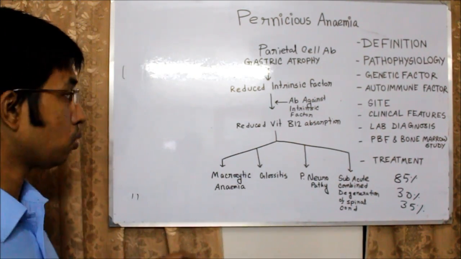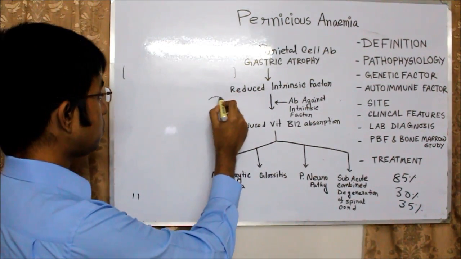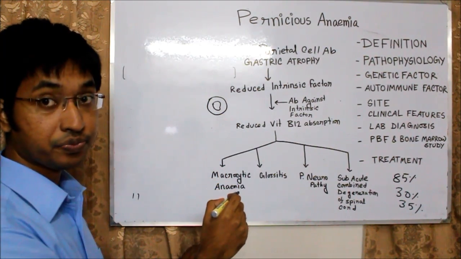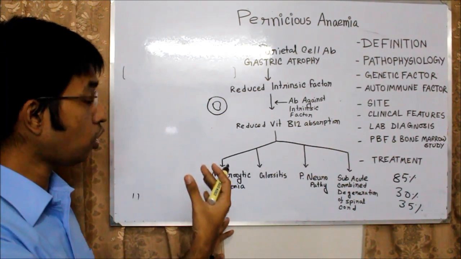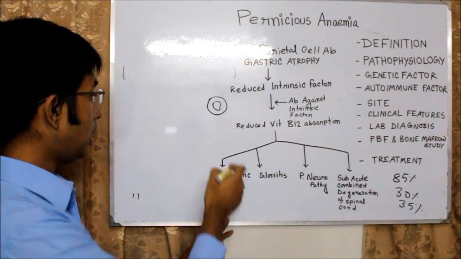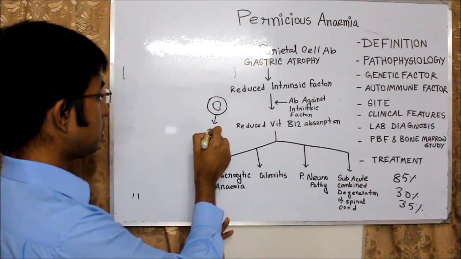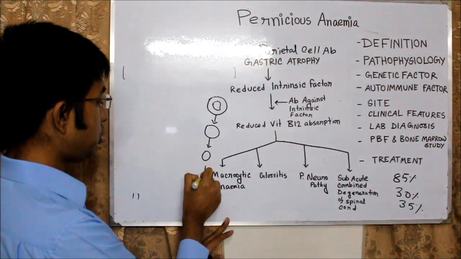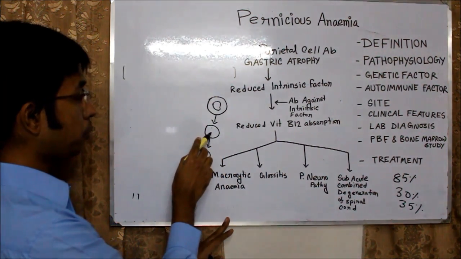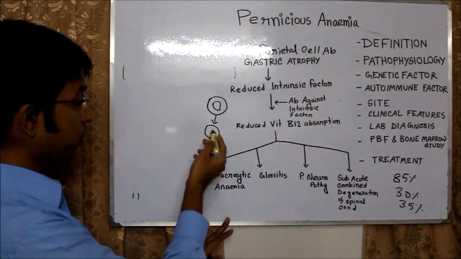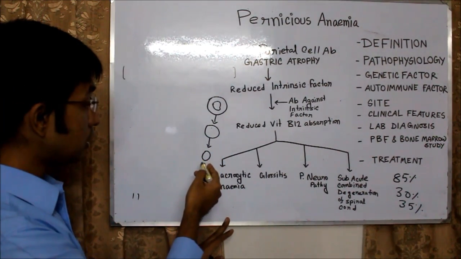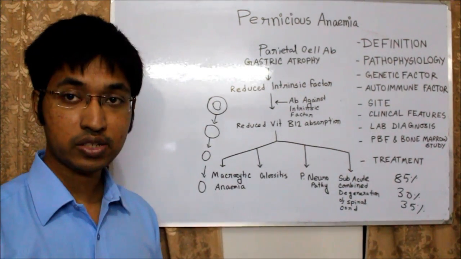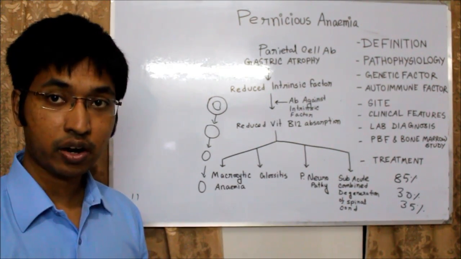Say for example, this is the pluripotent hematopoietic stem cell, which is the origin of all blood cells, and it divides into more and more mature cells, for example pro-normoblast or pro-erythroblast, then early erythroblast, intermediate erythroblast, late erythroblast, then reticulocyte, RBC.